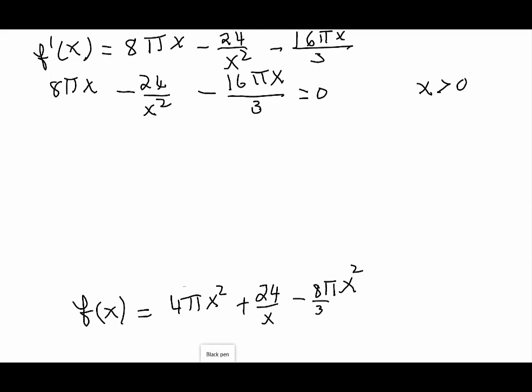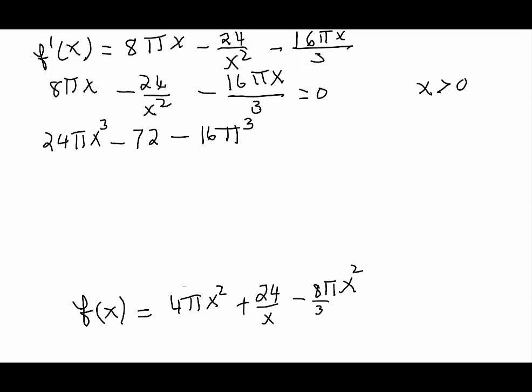So when we multiply by 3x squared, we will get 3 times 8 is 24 pi x cubed minus 24 times 3 is 72, then minus 16 pi x, and then pi x times x squared would be x cubed again, so 16.